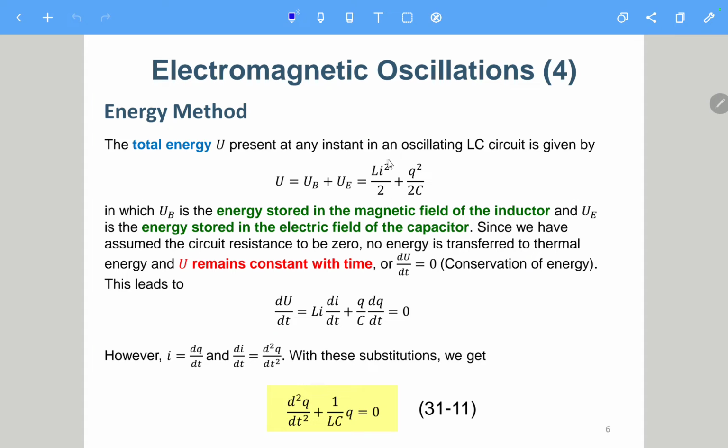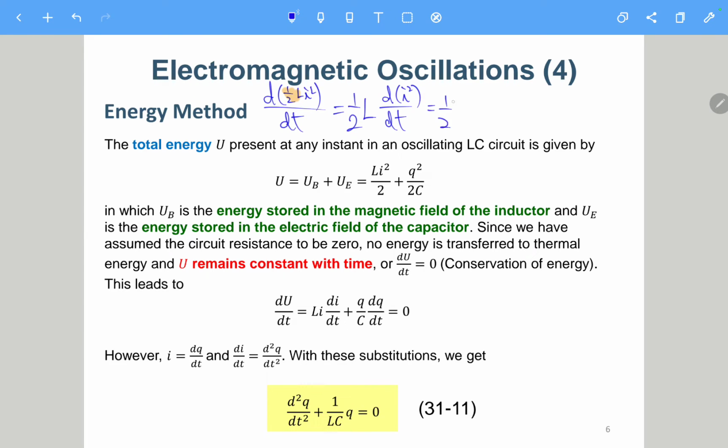The first term is 1/2 L i squared. L over 2 is a constant. So when we consider d of 1/2 L i squared dt, first 1/2 L is a constant, so it just stays 1/2 L. Then we have d dt of i squared. When we take the derivative, it becomes 2i.